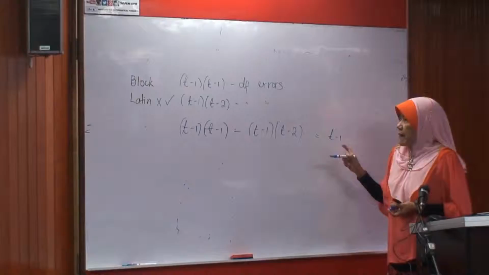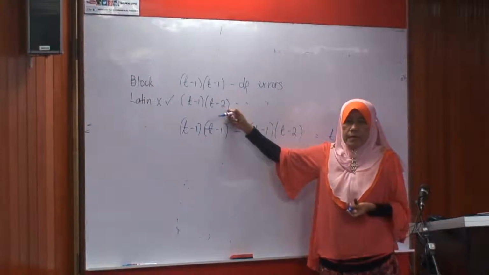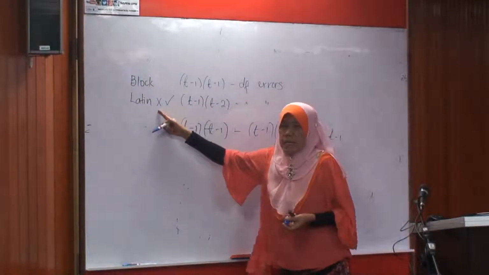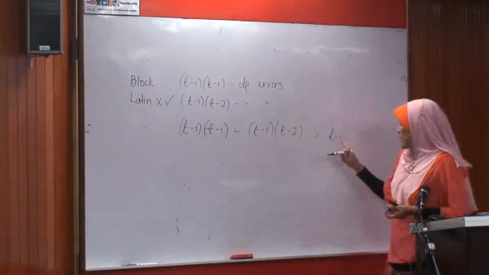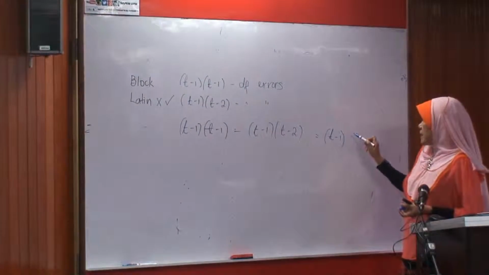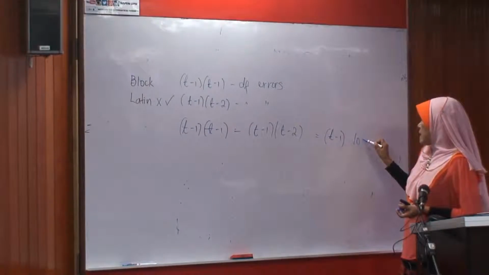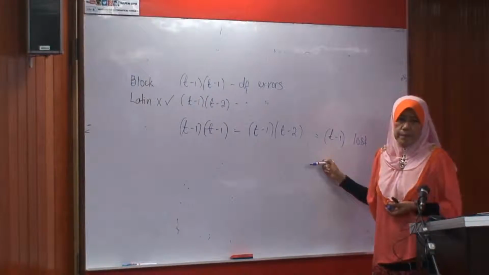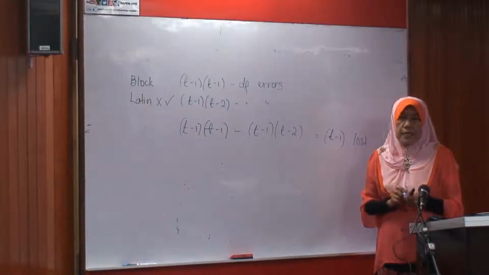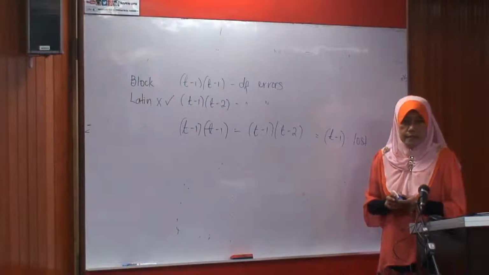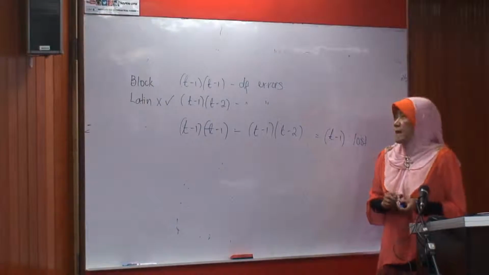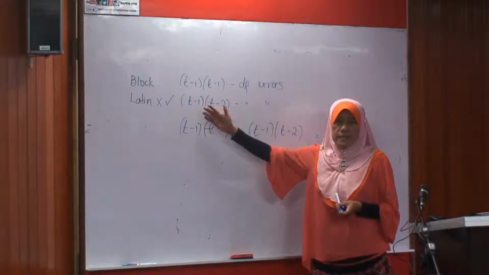So by using a Latin square, which is not necessary, you have lost t minus 1 degrees of freedom. This means you have made the test less sensitive unnecessarily by using the Latin square design.